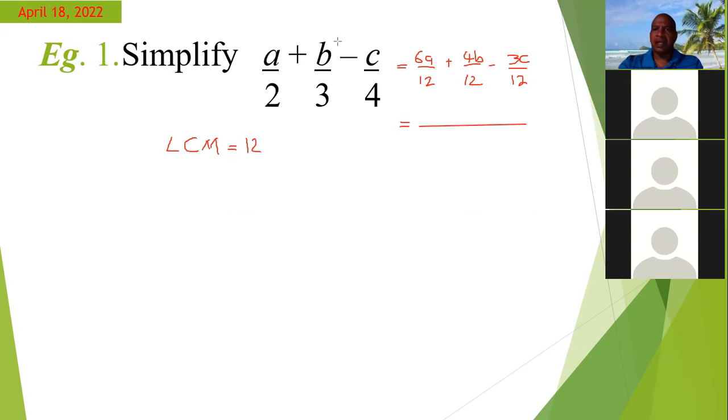We know that our LCM would be 12. And so we're just going to add the numerators. So if we add 6a, 4b, and then minus 3c, what do we get?